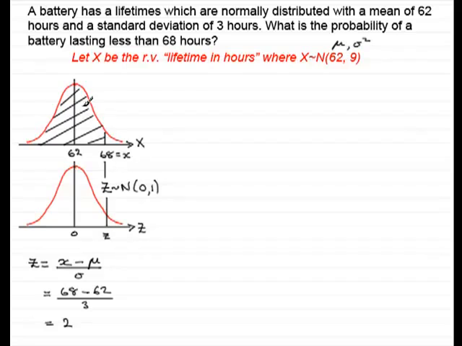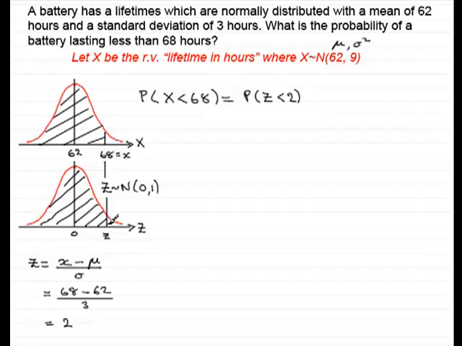Now, working out the probability that x is less than 68 is exactly the same as working out the probability that z is less than 2. That's this area here. And to work this out, we need to use tables.